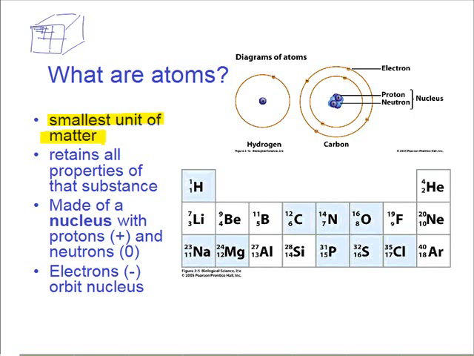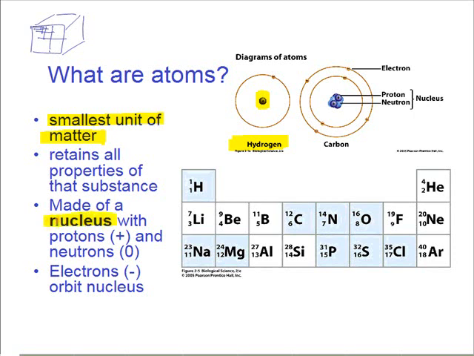And if we look at the structure of an atom, and let's take the simplest atom out there, which is an atom of hydrogen. An atom always has at its center something we call a nucleus, and then surrounding that nucleus are particles that orbit in constant, very rapid movement around that nucleus, and those are called electrons.